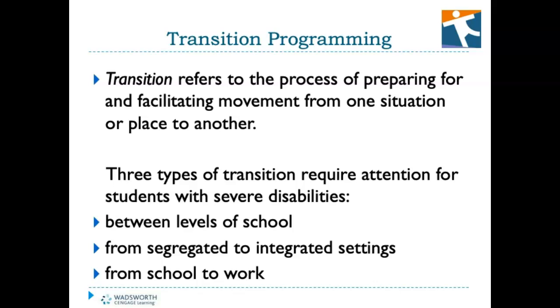And so I talked about between levels of school. It could be from segregated to integrated, because for those children who are, say for instance, having a 504 plan, and maybe they've done their academics in the special education setting, then they may be transitioning to where they've done really well in, say, math. And since they've done so well in math and they're pretty much now functioning and performing at the same level as their peers, you can put in as the parent or as the teacher, say, hey, once again, Johnny's doing great in math in my special education classroom.